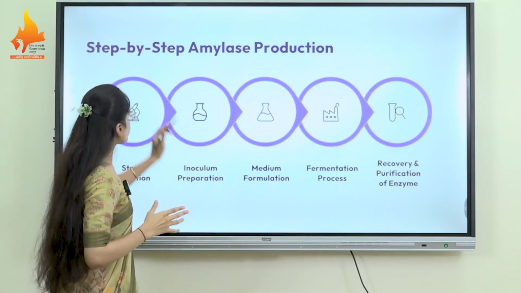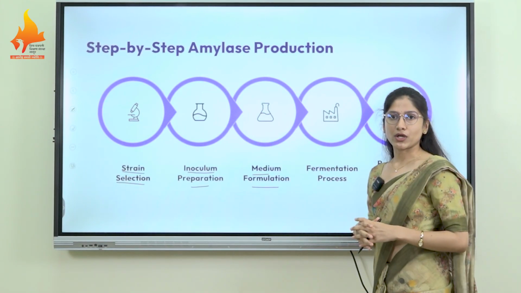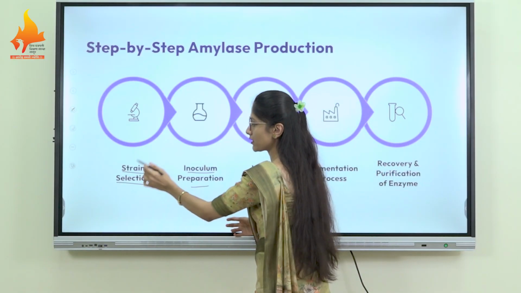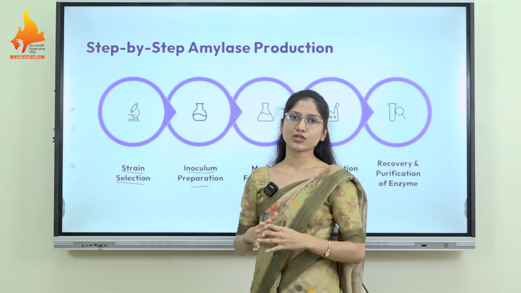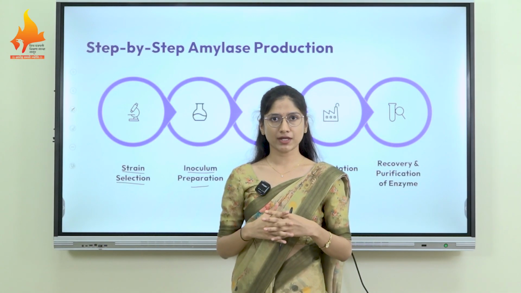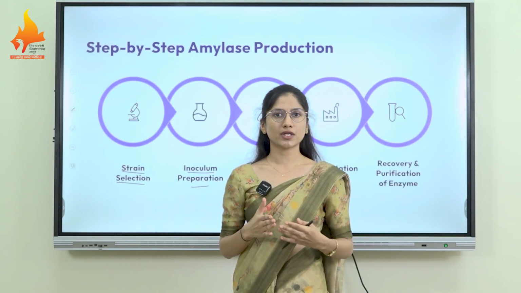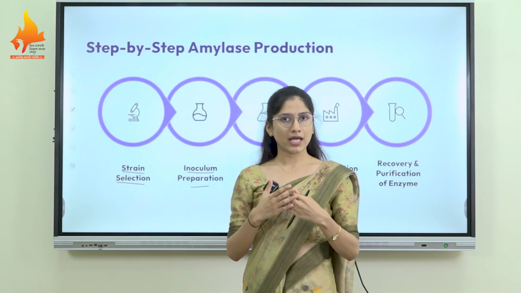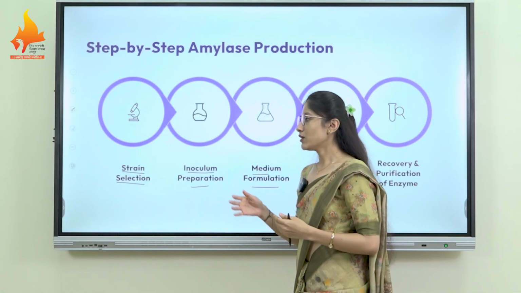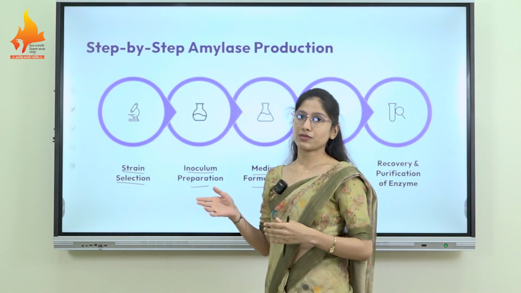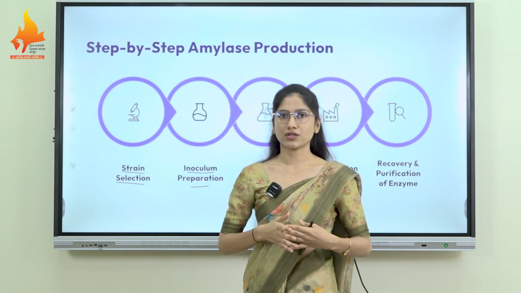Moving forward, step by step amylase production. The first step is strain selection, which is nothing but the selection of microorganisms. Microorganisms that produce the maximum amount of enzyme in less time are preferred. For strain development, we can use different types of mutagens.